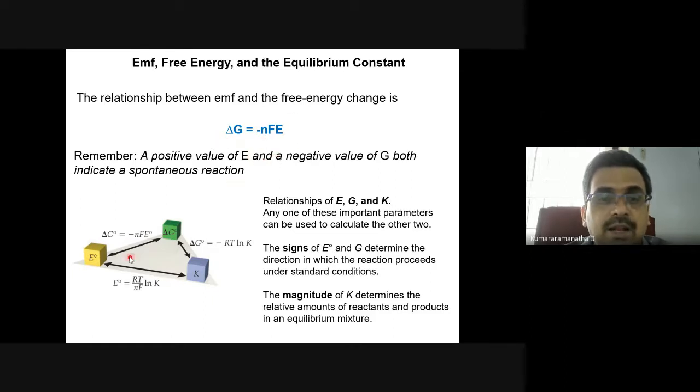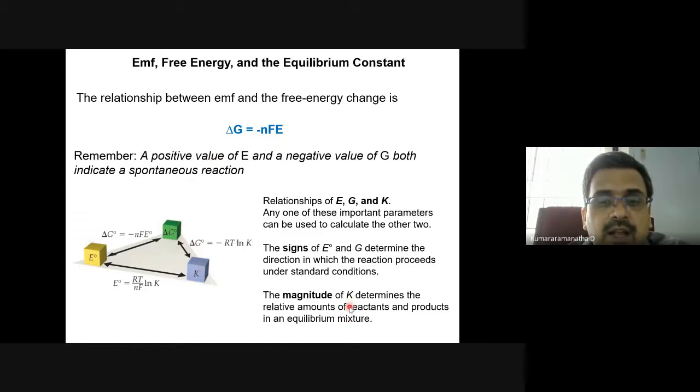You are already aware that delta G is minus RT ln K. Now if you relate both, minus nFE and minus RT ln K, you can write E naught as RT by nF ln K. These are expressions with which you can bring the electrode potential into the Gibbs free energy expression.